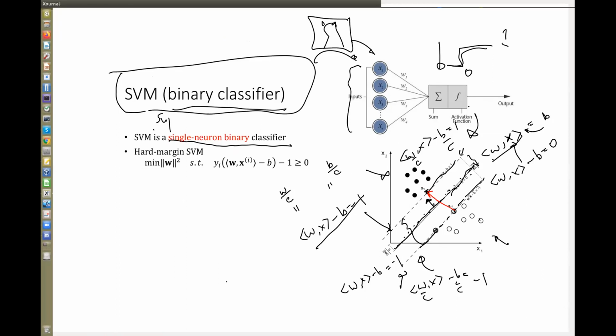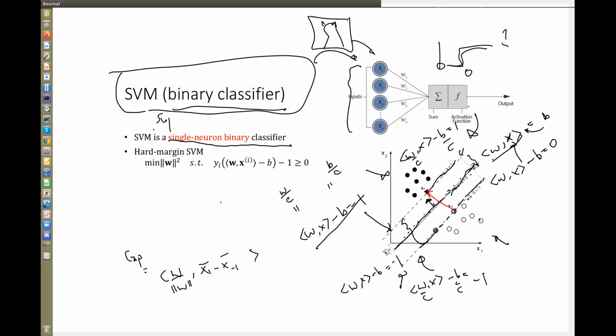In other words, it is x1 minus x minus 1 projected onto W. So this will be the size of the gap.